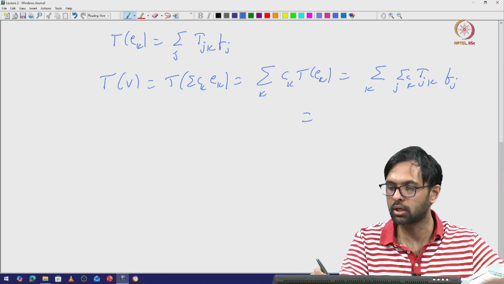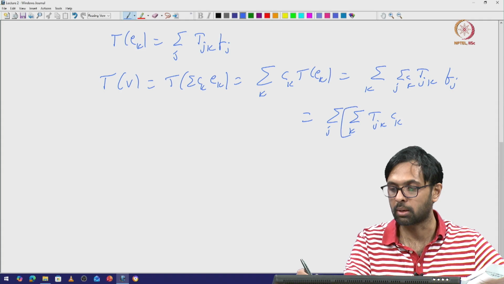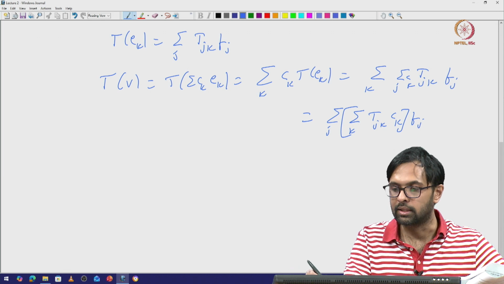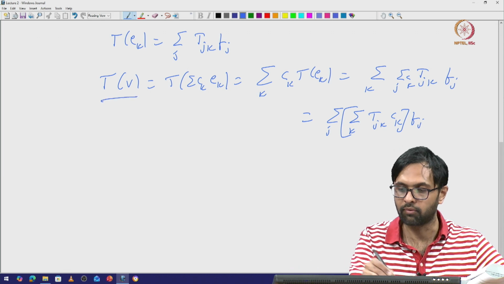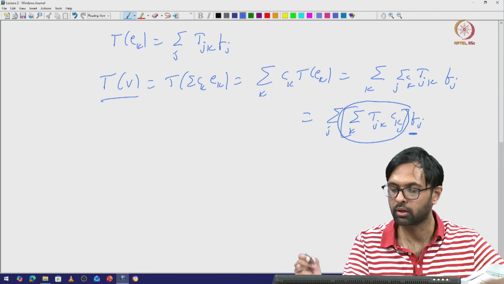In other words, if I interchange this summation, which you can do with impunity when the sums are finite, you can't, by the way, if the sums are infinite, this resulting vector is a linear combination of these f_j's. The coefficients are given by this, right?